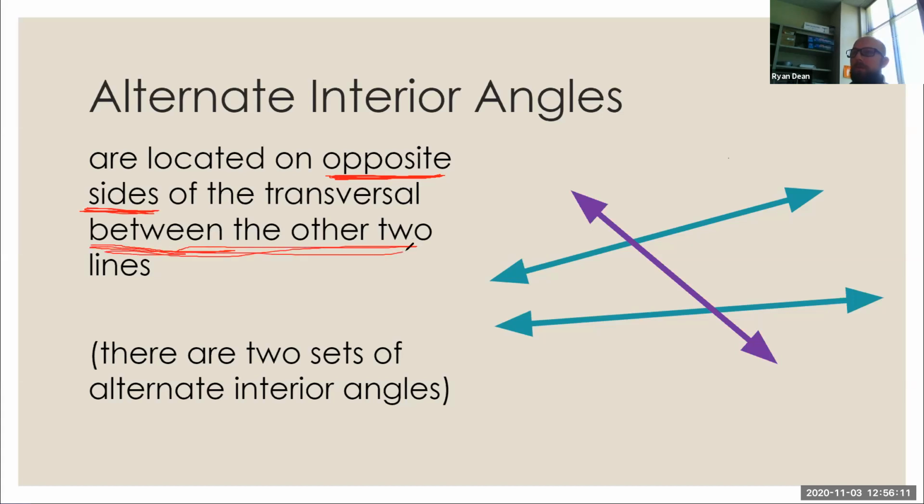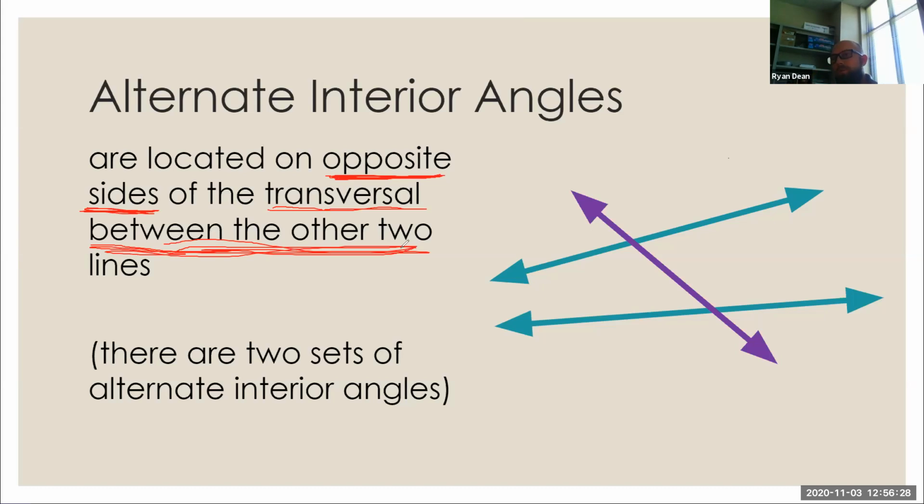So there are two things that we're looking for here. We're looking for opposite sides of the transversal, and we're looking in between the other two lines.